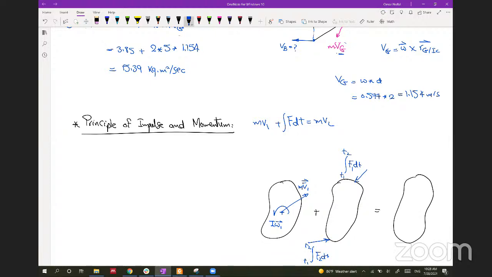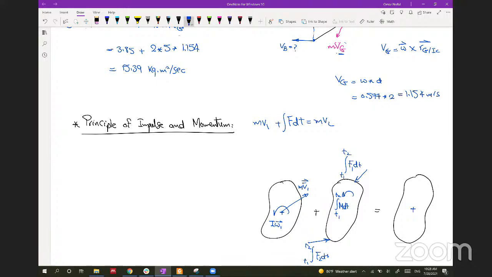So all these impulses impact the body, and we also have angular impulse, something like this, the integration of M dt from T1 to T2. All these impulses act on this body to change the linear momentum and the angular momentum of this body.